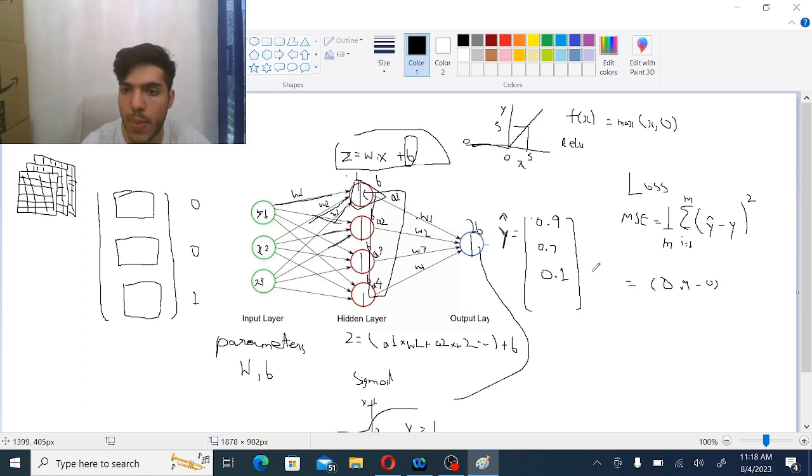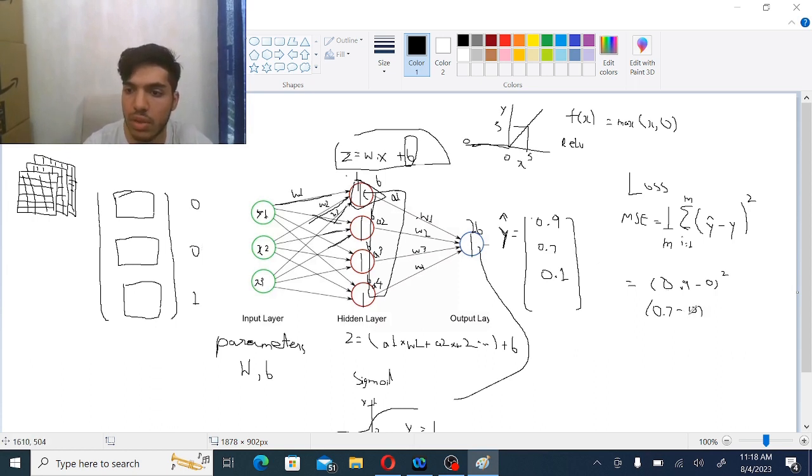Also, we need to square it, right? We need to square the error. And then we have the second predicted value, which is 0.7. We need to subtract its actual value, which is 0 for the second sample.